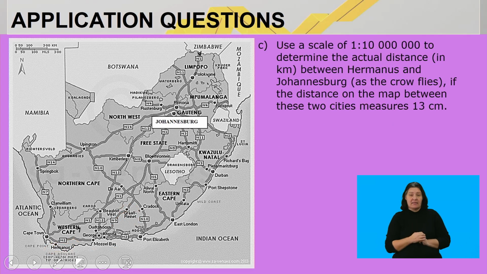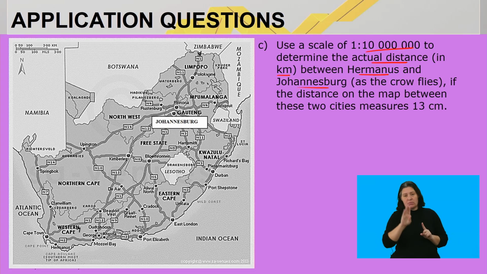Question number C says, use a scale of 1:10 million. Right, there's our scale. To determine the actual distance in kilometers between Hermanus and Johannesburg as the crow flies. Remember, what does it mean when we say as the crow flies? From the one point straight to the other point, like in this case.